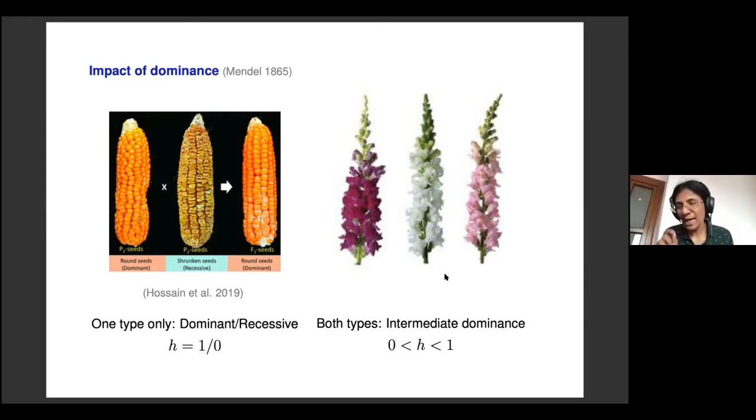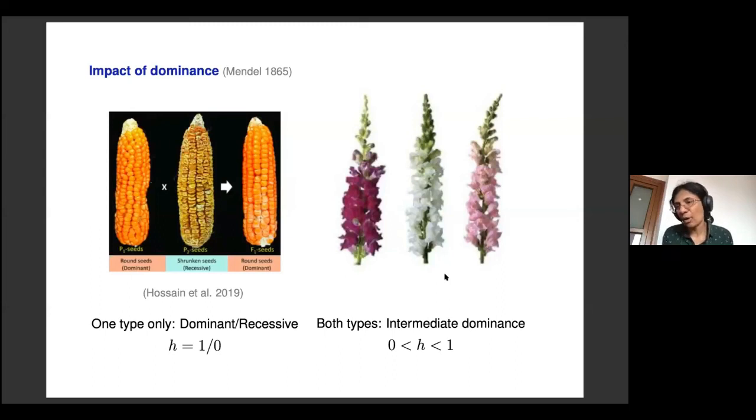Yeah. So that's actually a parameter in the model. It's a parameter h. It depends upon the system. So in corn, this trait happens to be either completely dominant or completely recessive. So that's a characteristic of the system. But in other cases, you can have something like the pink snapdragon.